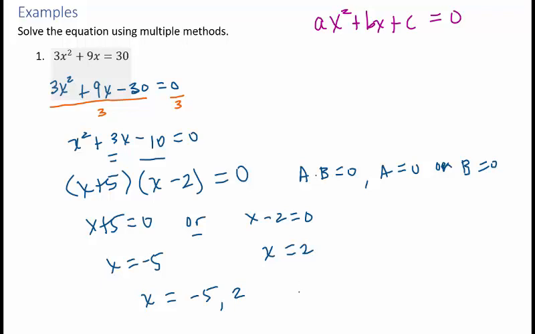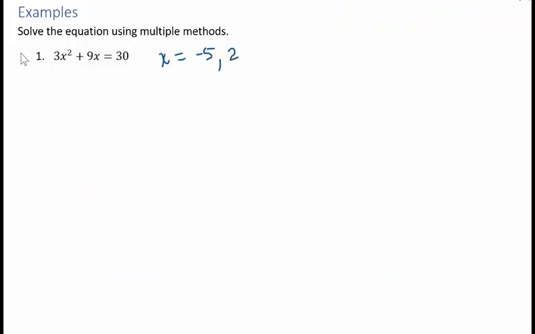Sometimes multiple solutions are written as a solution set in a set of braces, so -5, 2. We want to check to see if these answers satisfy the original equation. We'll start with -5. 3 times -5 squared plus 9 times -5.